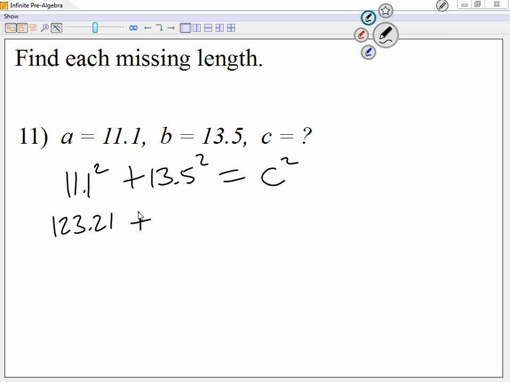13.5 squared, I'm just going to go 13.5 times 13.5 gives me 182.25. These two numbers are together, there's a plus sign in between them, so let me add them. 123.21 plus 182.25 gives me 305.46.